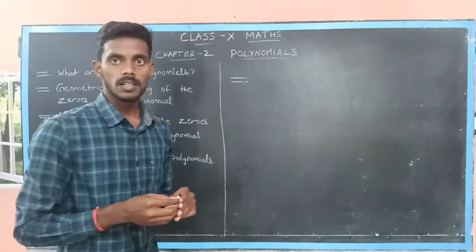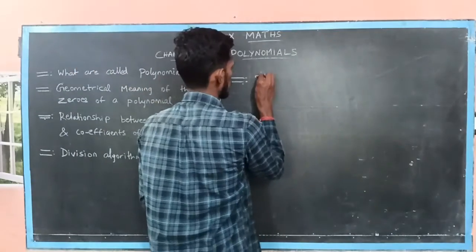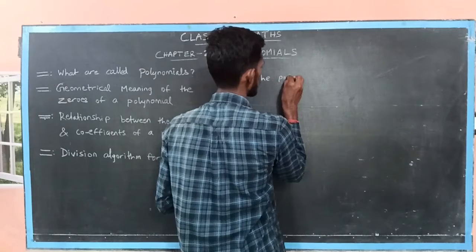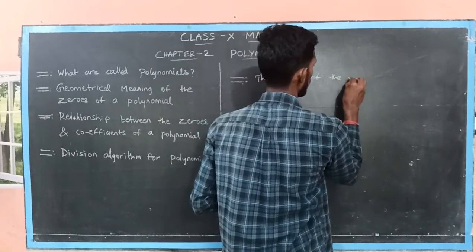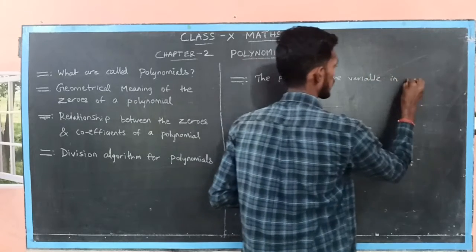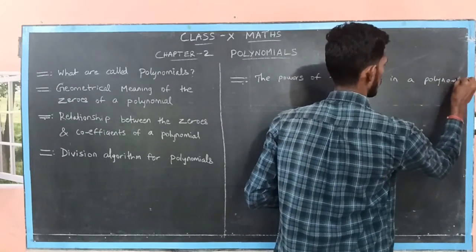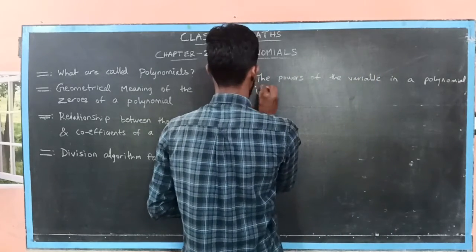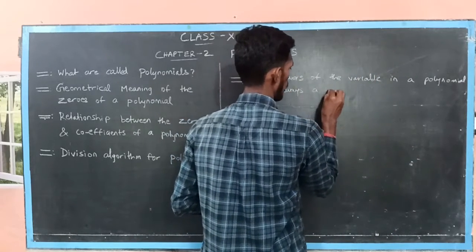There are certain rules about the powers of a polynomial. The power of the variable in a polynomial is always a whole number.